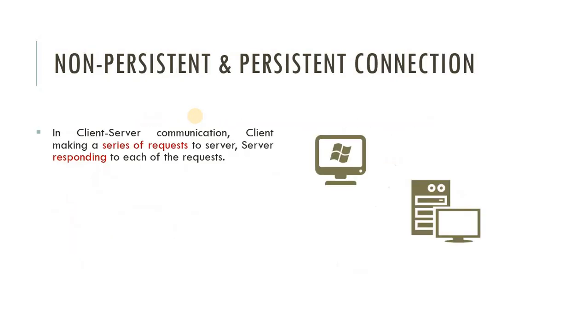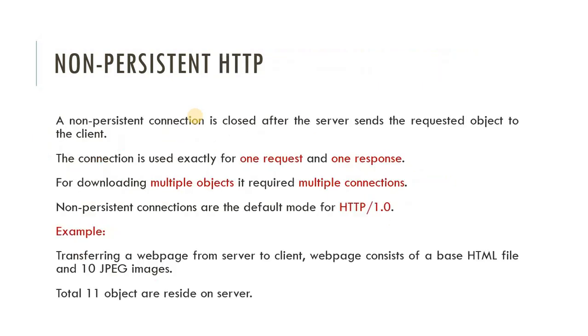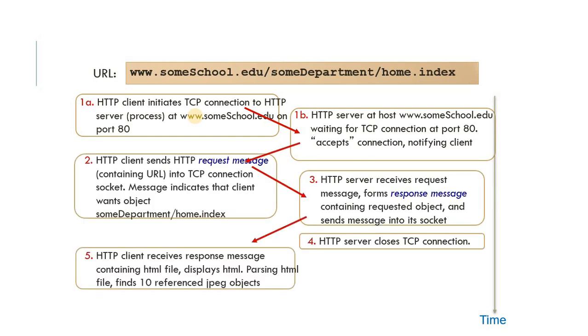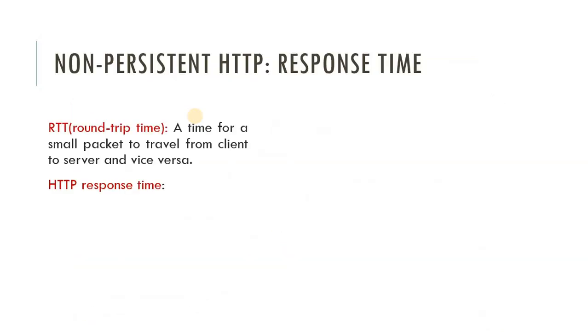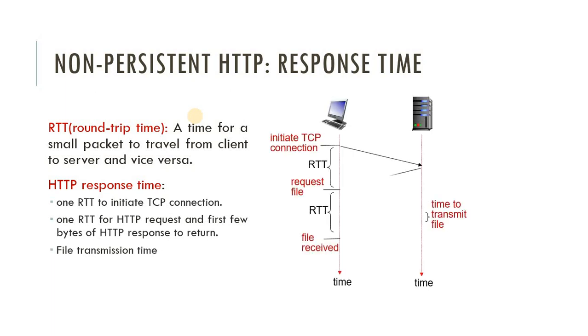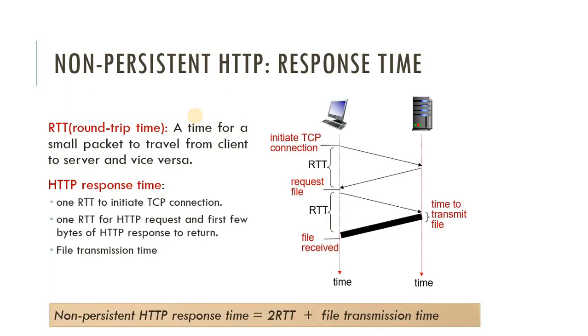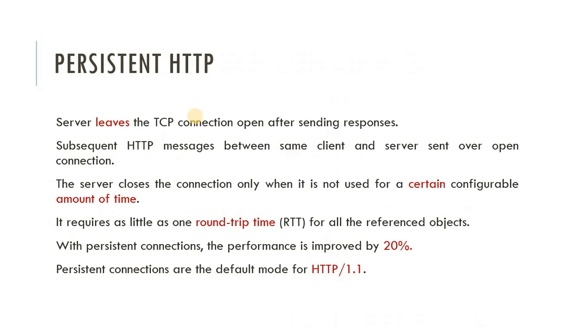HTTP has two types, non-persistent and persistent. In non-persistent HTTP, for each request a new connection is created, and the connection is closed after the request is served. Next is round trip time. The response time for non-persistent HTTP is 2 round trip times.